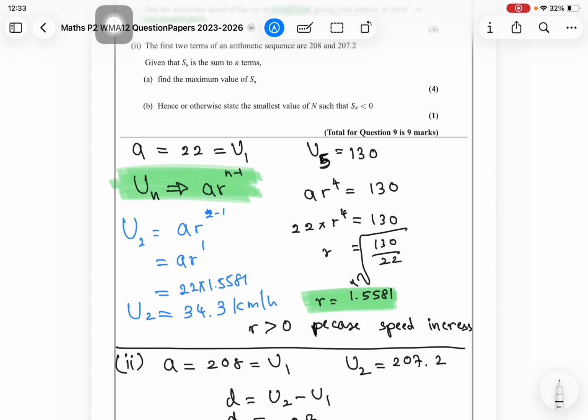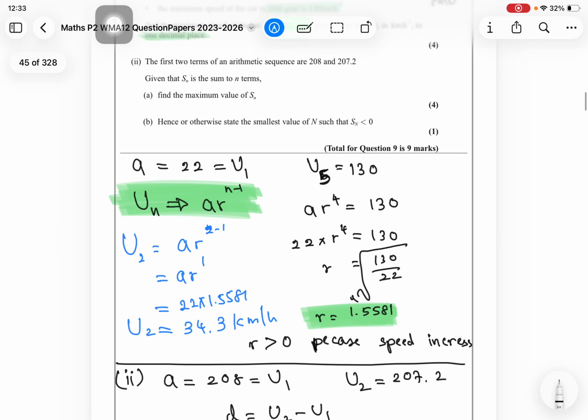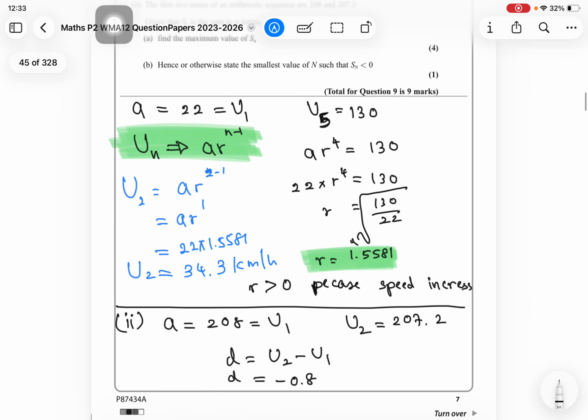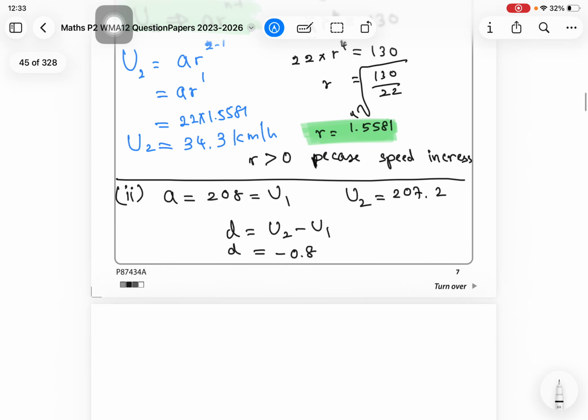The terms in an arithmetic sequence go up and add up. So they're asking to find the maximum value of Sn. If I quickly write the information, A is 208, D is negative 0.8. We know that since D is less than 0, the sequence is decreasing.